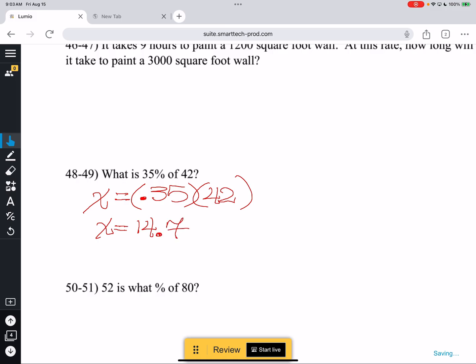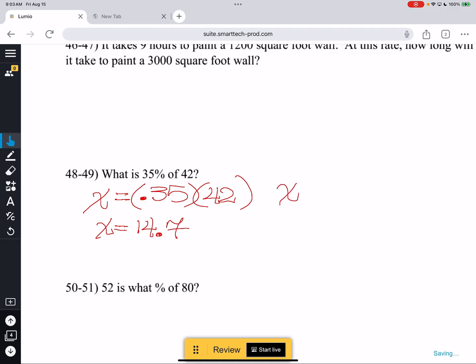So how would you set it up, though, if we did is over of? What's the other way? Isn't that what y'all would do? Okay. Wouldn't it be like x over 42 equals 35 over 100?